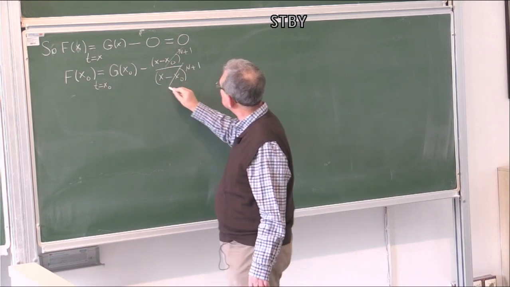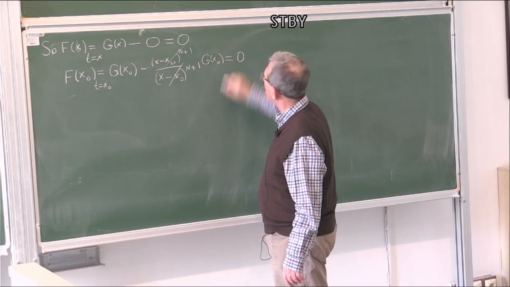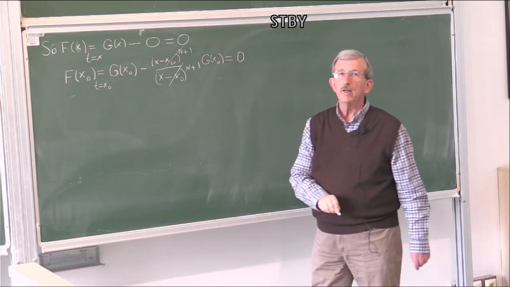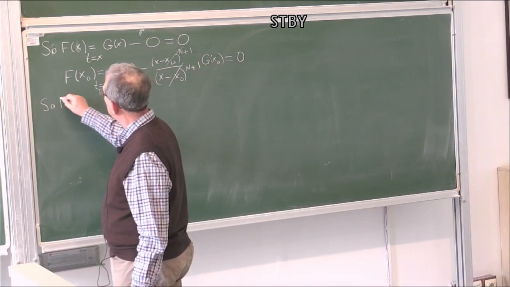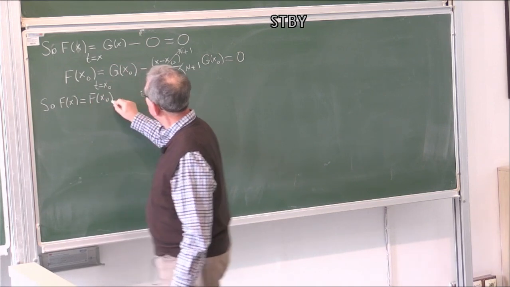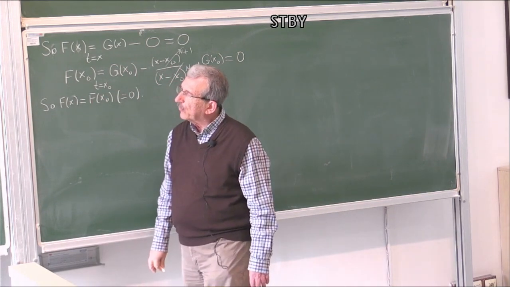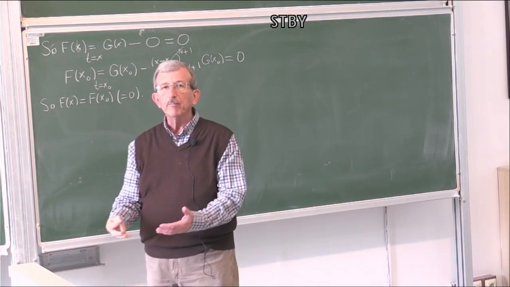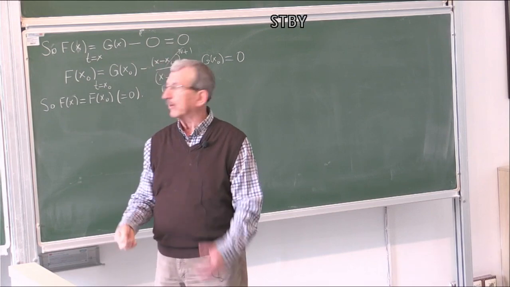So they cancel out, and we have g of x0. So it is likewise 0. So this tells us that f of x is equal to f of x0, which is 0. So actually, when we apply the mean value theorem, we are applying Rolle's theorem.